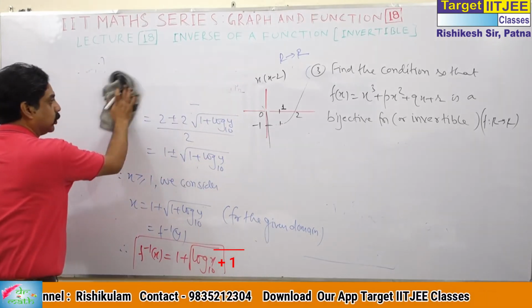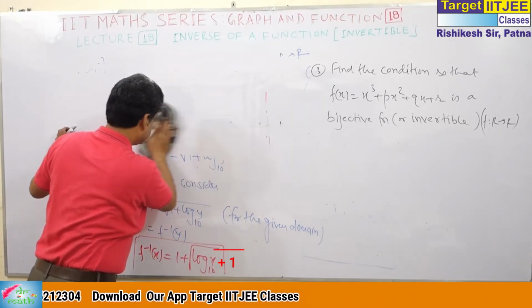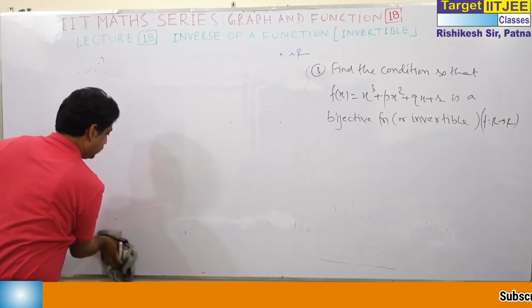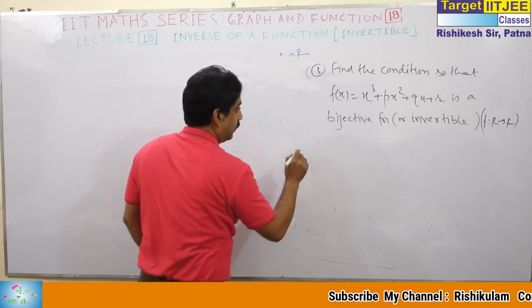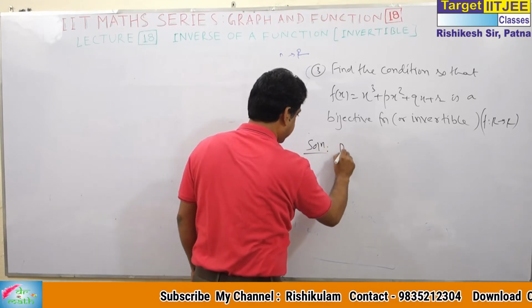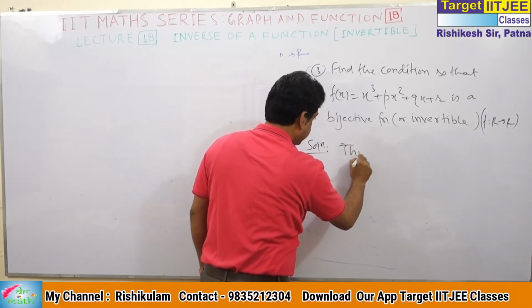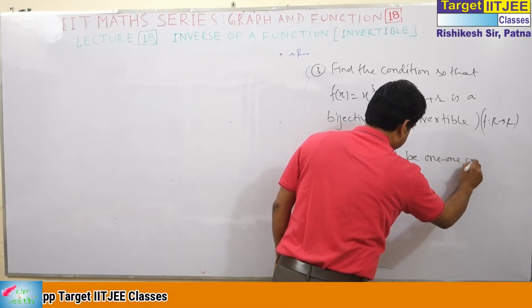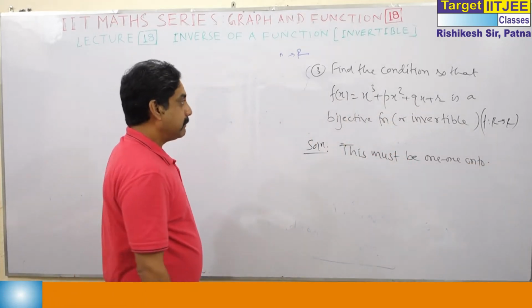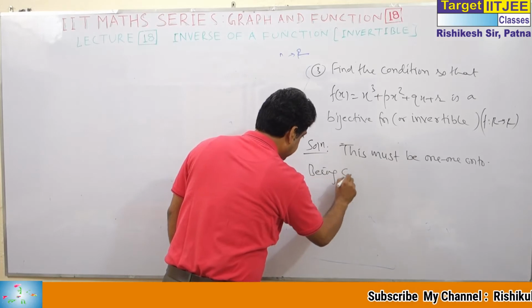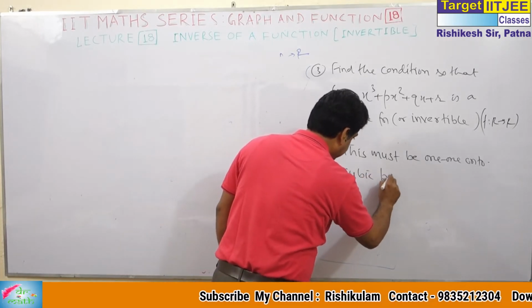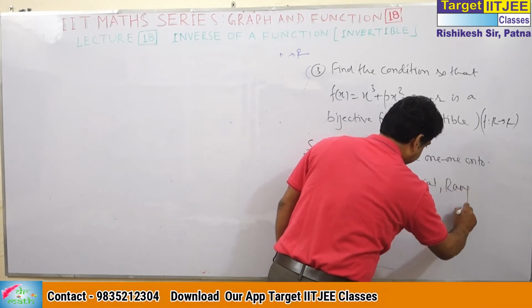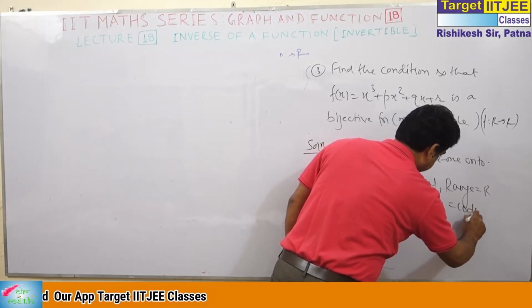This is a cubic polynomial from R to R. See what we have to do now. Actually, we can see this must be onto. Being a cubic polynomial, range is equal to R is equal to codomain.